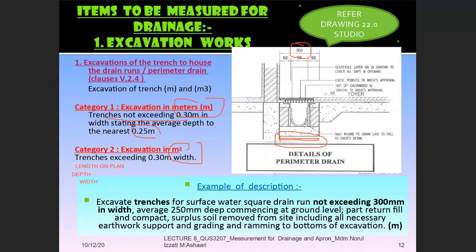You have to measure in meter, stating the starting level. That means you have to refer to section D.9 as well to measure the drainage. But for the rule of measurement, either meter cube or meter, you have to refer to section V. So this clause D.12.9 is the main reference that you have to refer to in order to measure the drainage.